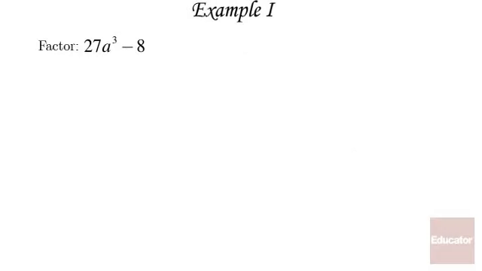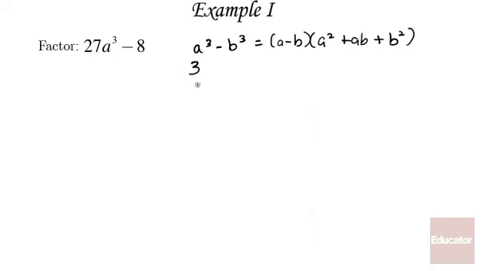Okay, looking at this first example, 27a cubed minus 8, I recognize this as the difference of two cubes, and it's in this form. Here, the cube root of 27 is 3. The cube root of a cubed is a. So this is what I've got.